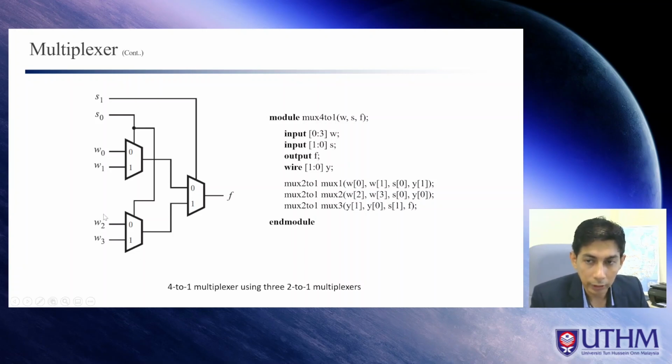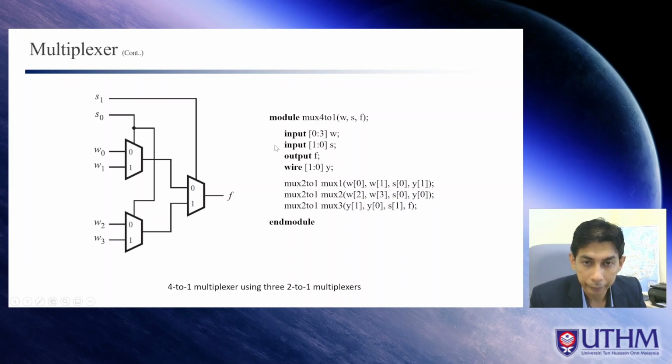It looks like a hierarchy, where we have a small design at the bottom, and we connect that small design together to create the bigger design. The small design in this case is the mux 2-to-1, and the bigger design that we want is the mux 4-to-1.